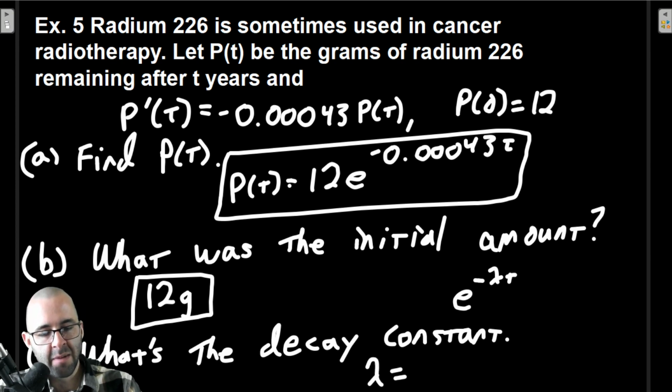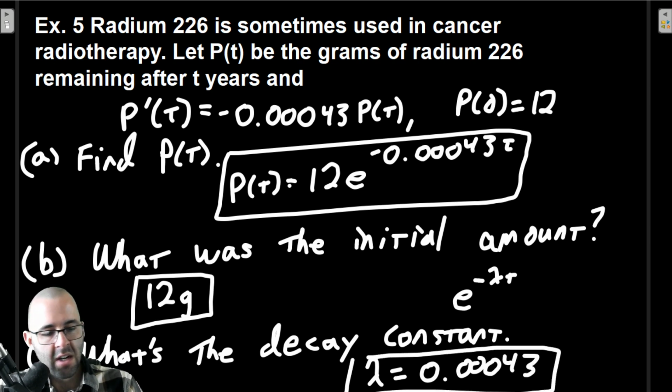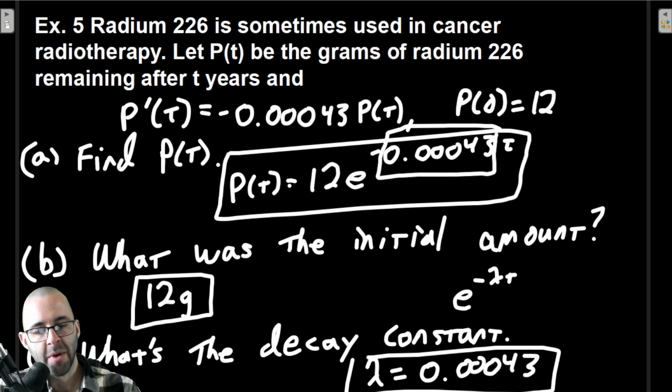The decay constant lambda is equal to 0.00043. I won't take off points, though, if you include the negative, because different texts really are kind of inconsistent about whether we call this positive or negative. But technically, according to this book, our decay constant will be a positive number. Again, the lambda is just the constant up here in this exponent.